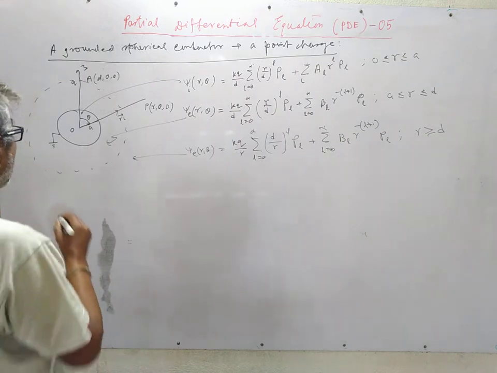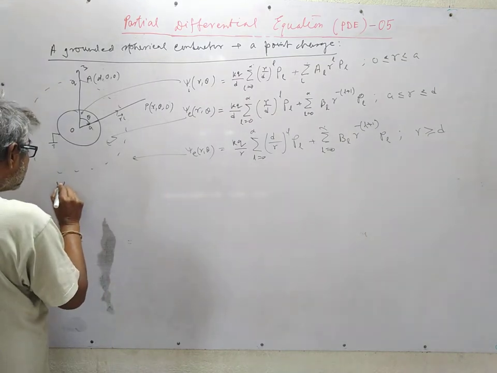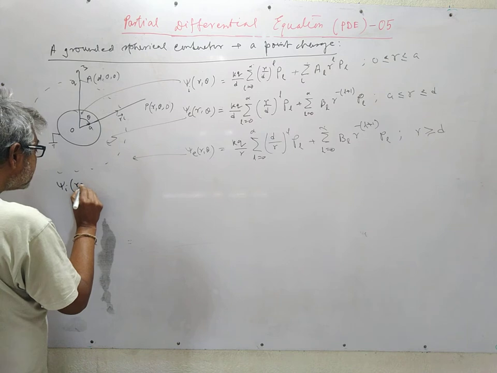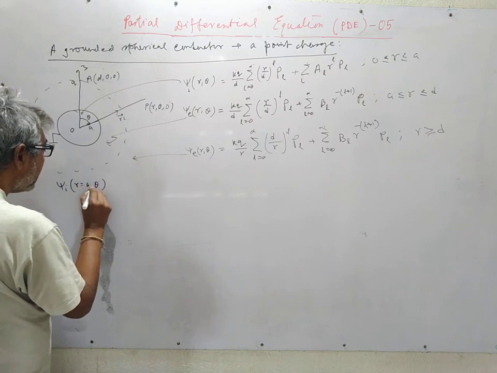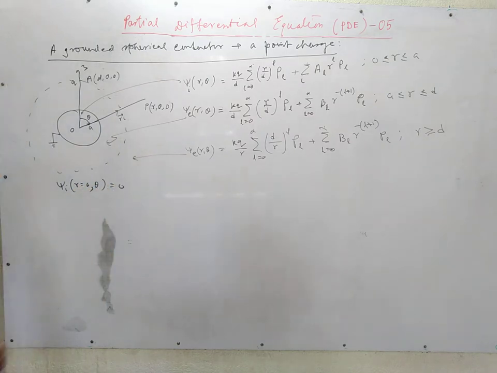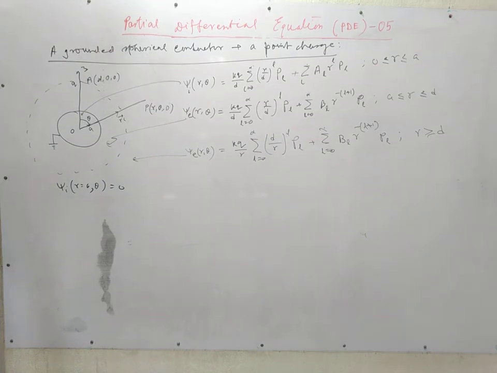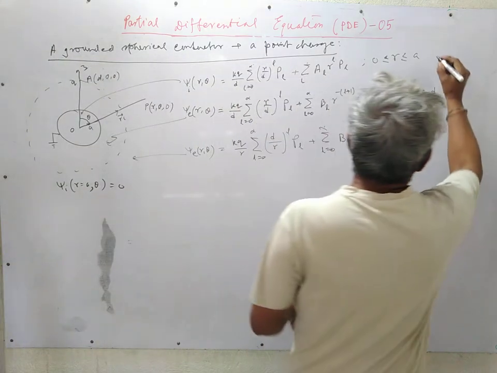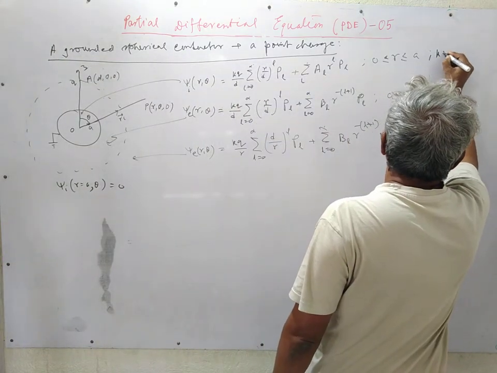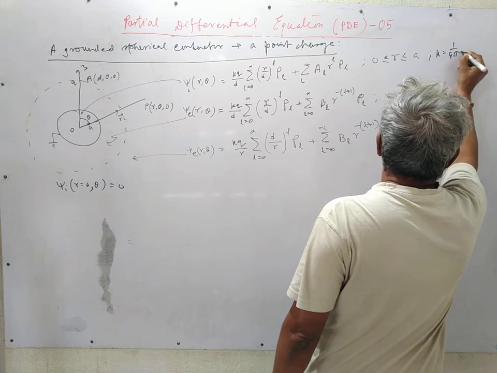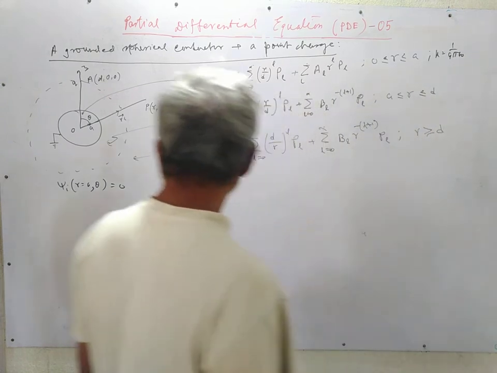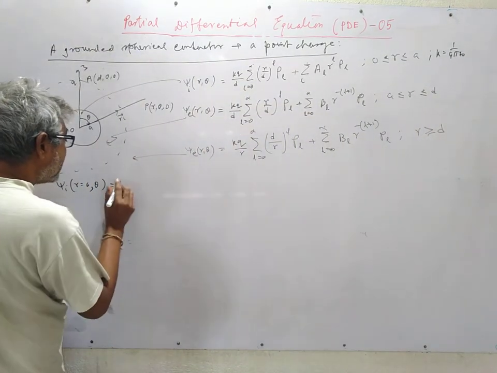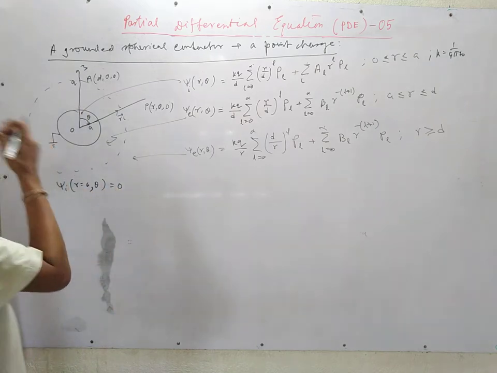So we have phi I at r equal to a, theta equal to 0. Oh, sorry, I forgot to write the value of K. K is the SI factor 1 by 4 pi epsilon 0. So the potential is 0 as it is the grounded one.